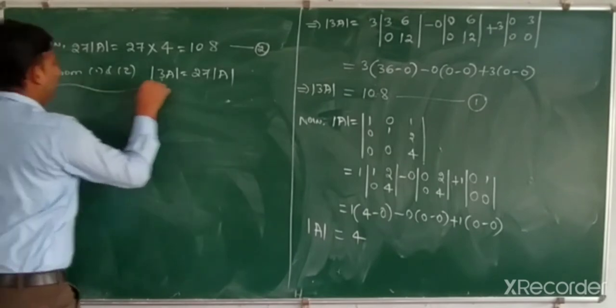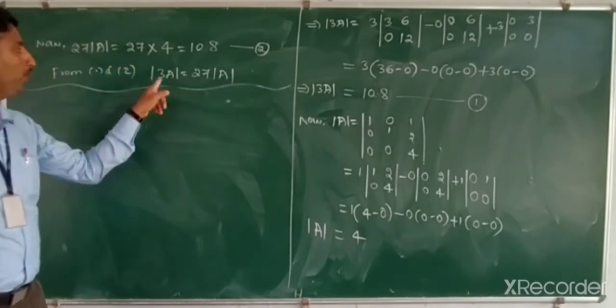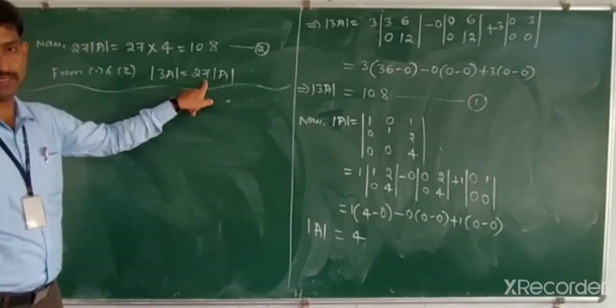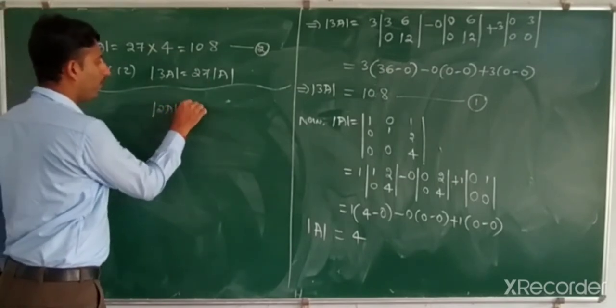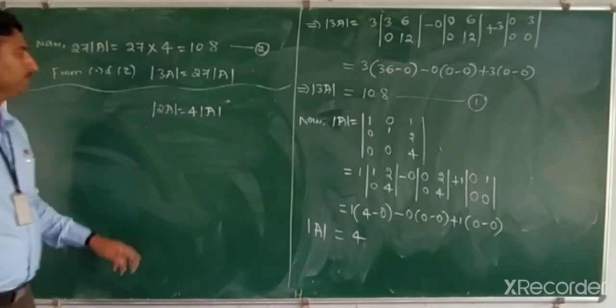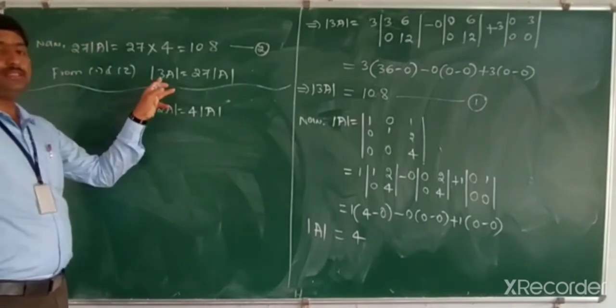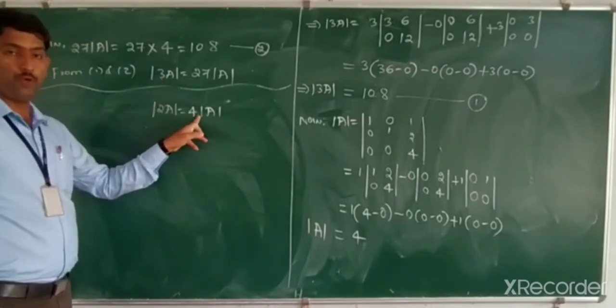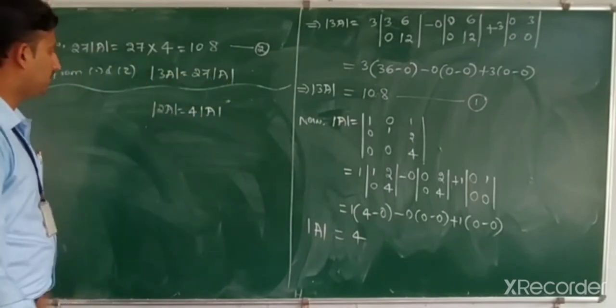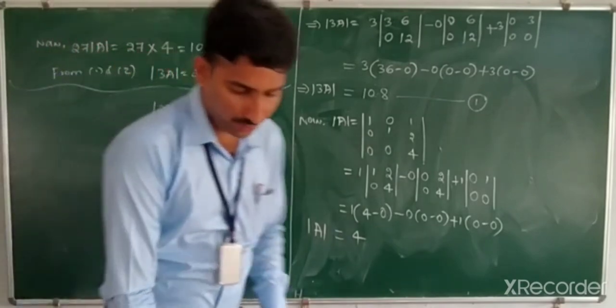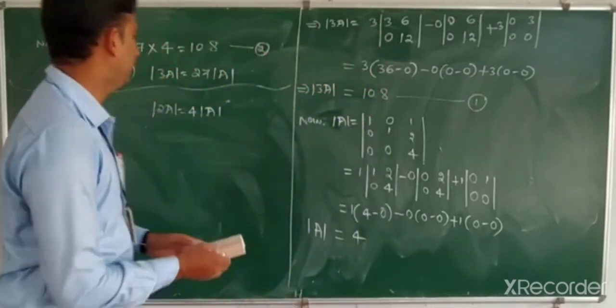Similarly, dear students, look at the value. Here with 3 there will be 27; with 2A there will be 4 into determinant of A. So 2A gives 4, 3A gives 27. Suppose I want to write one remark.